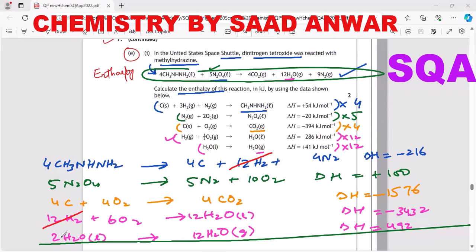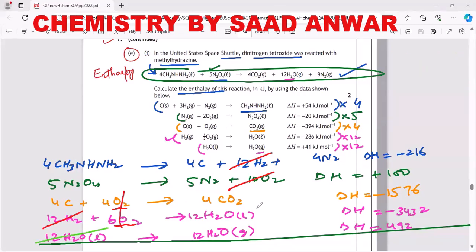I can also cancel the oxygen: 4 oxygen and 6 oxygen make 10 oxygen, so I can cancel this 10 oxygen with this 10 oxygen. Anything else I can cancel? Yes, the water: here I have 12 moles of liquid water, so I can cancel this 12 liquid water with this 12 liquid water. What is left behind is this and this.